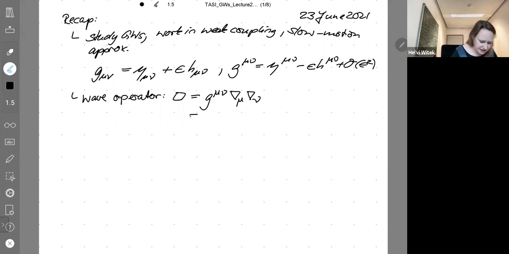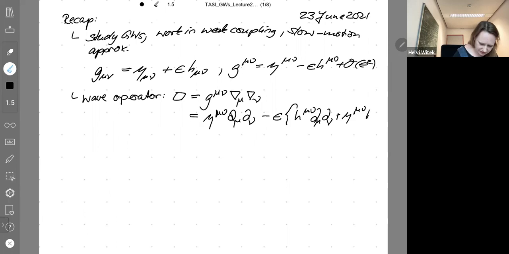If I expand this out, I have a first bit, which is just the flat d'Alembertian η^μν ∂_μ ∂_ν, and then terms of order epsilon: minus epsilon h^μν ∂_μ ∂_ν, minus η^μν Γ^ρ_μν computed with the perturbation times the partial derivative ∂_ρ, plus higher order terms.